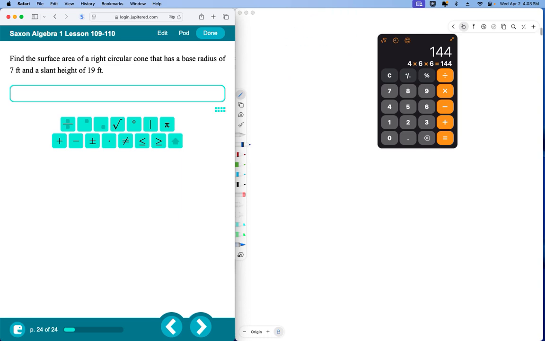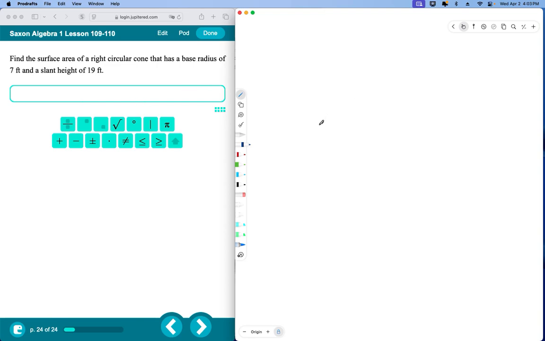Now we're going to find the surface area of a right circular cone. So something that looks like this. So in order to do this, we have to find the radius and the height. Sorry, let me undo that. The radius and the slant height.